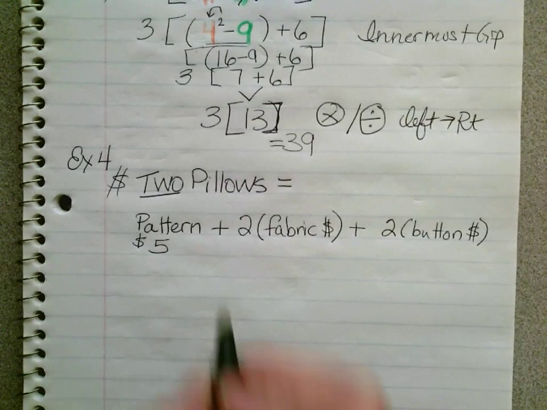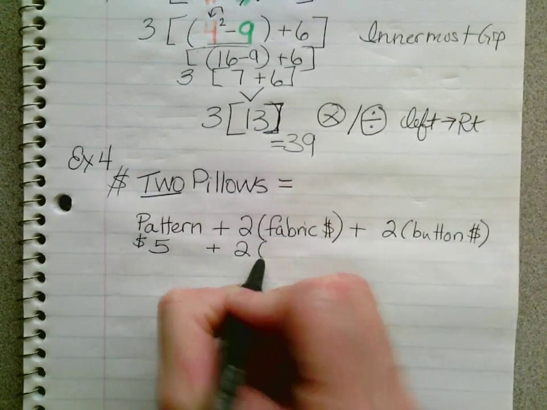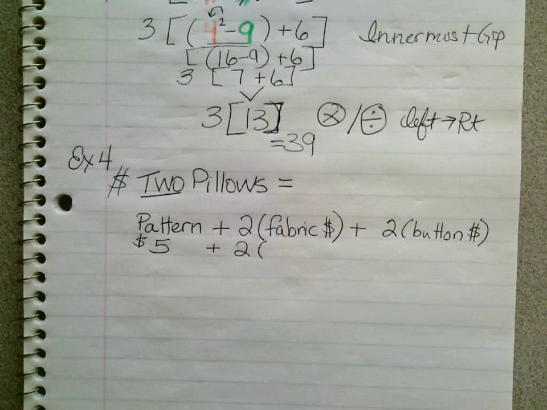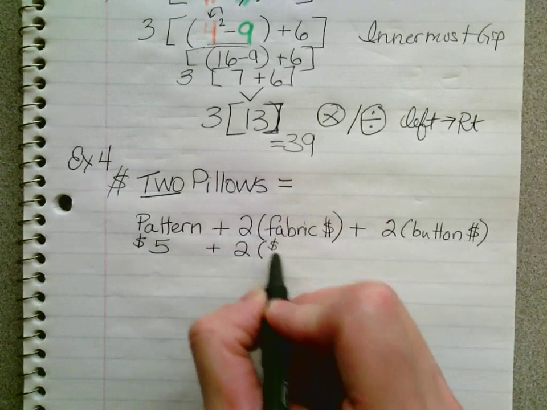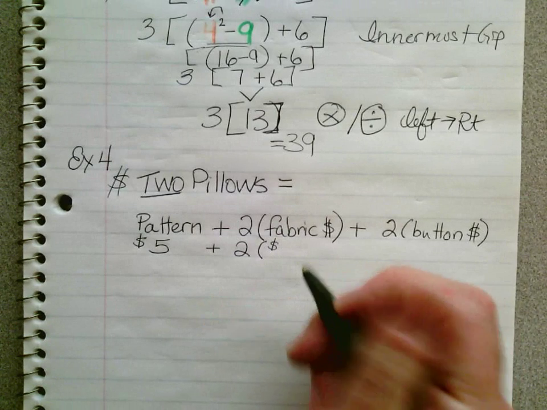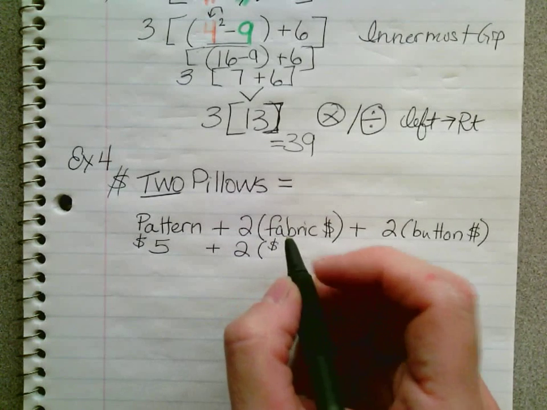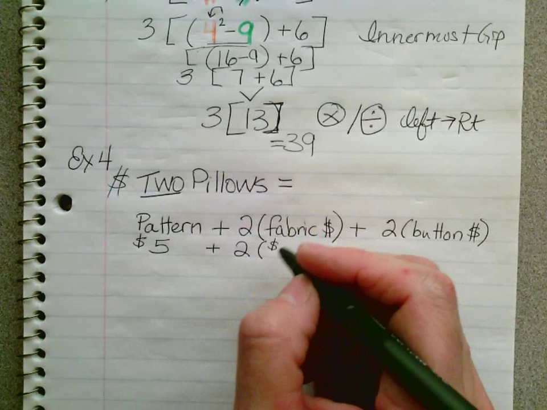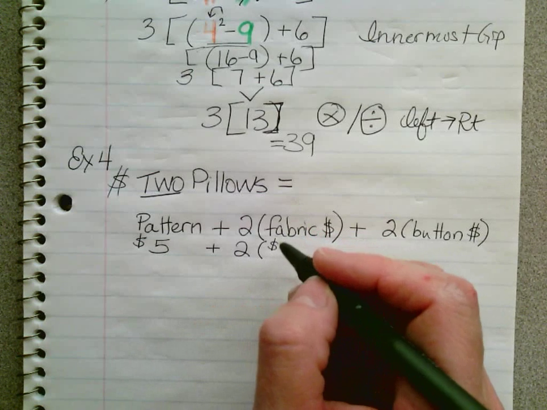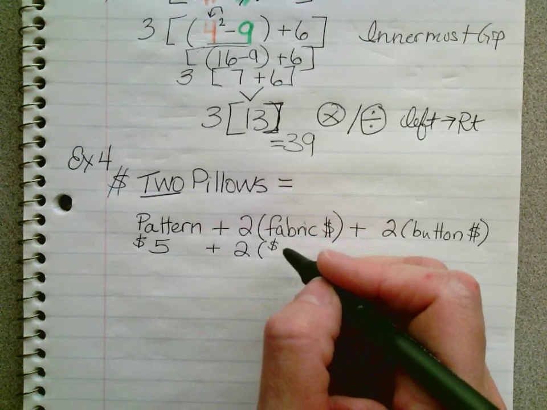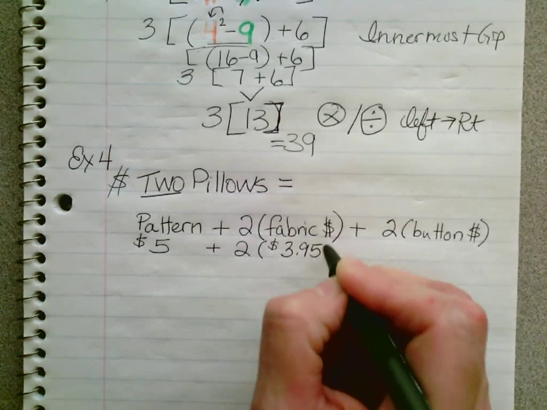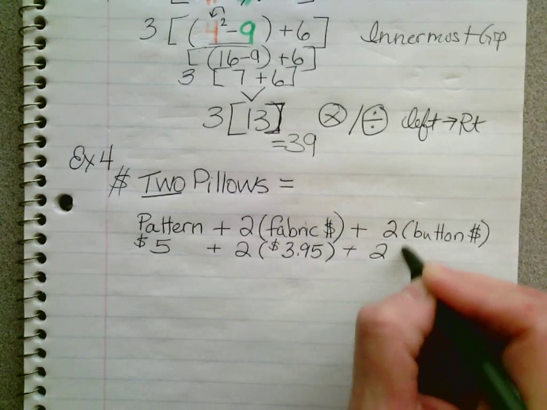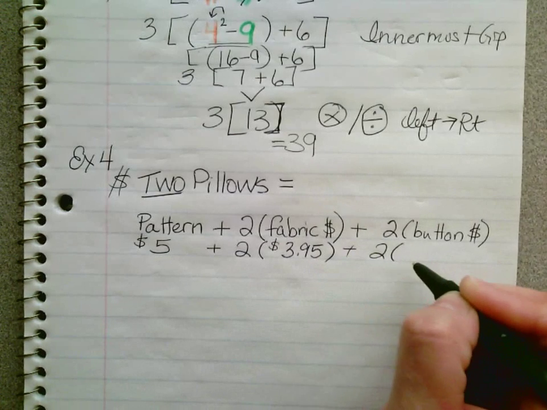The fabric is $3.95, and what does the button cost, Ellie? Try again. That says button. Oh, 75 cents. Bravo, my dear. Added to the cost of the 2 buttons that Ellie's already said are 75 cents a pop.